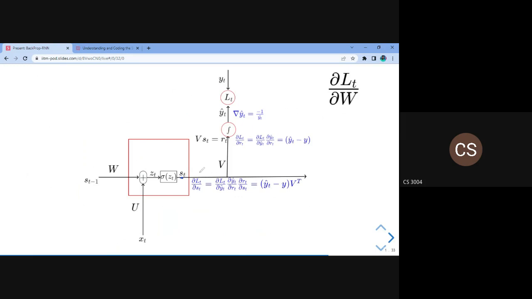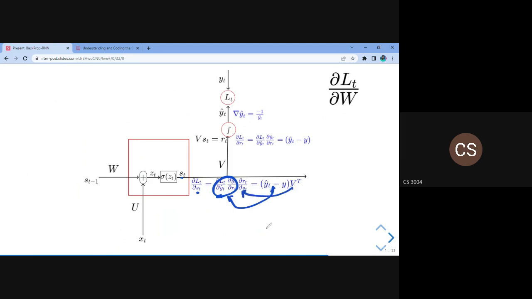The next variable is ST. So we are computing this. I have to compute how the loss changes with respect to ST, because each of these outputs is going to affect my loss. That's why we are computing dou LT by dou ST. Once again, we start from dou LT by dou YT hat. This term is YT minus YT hat, and this one is V transpose.